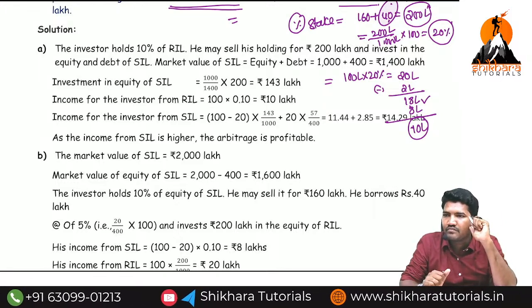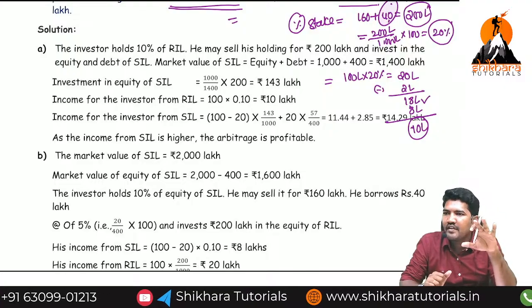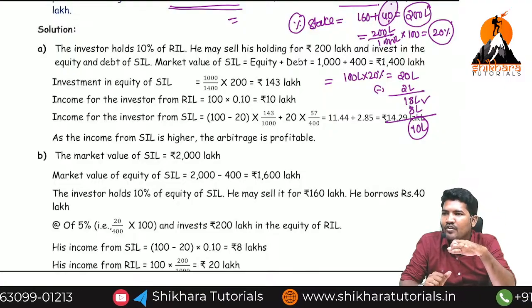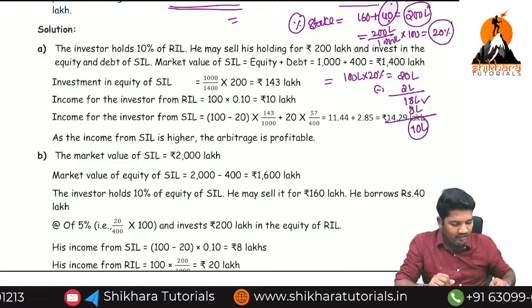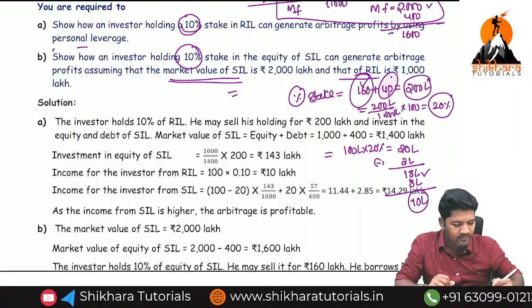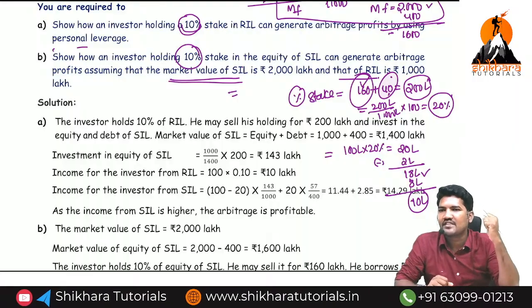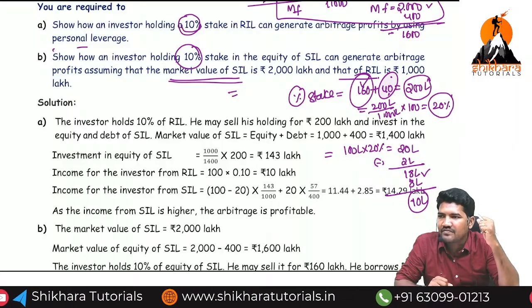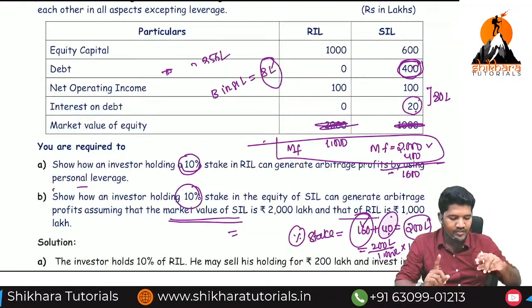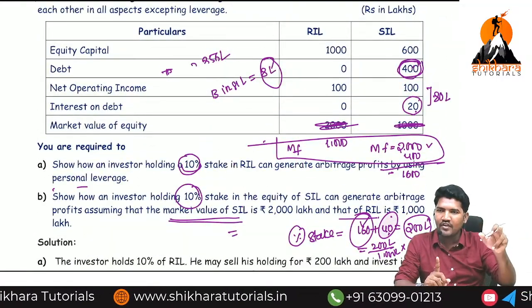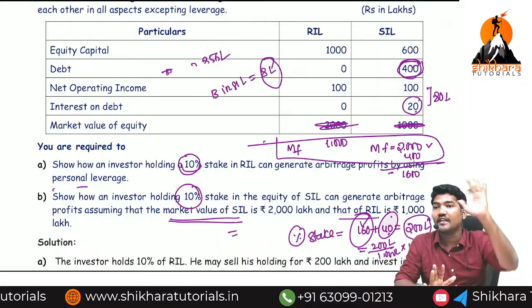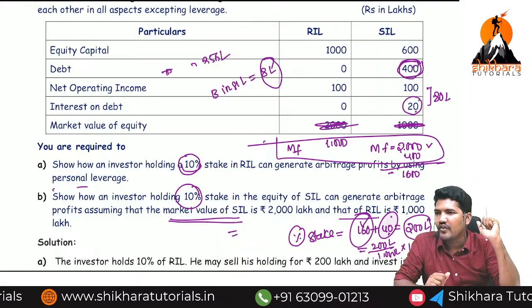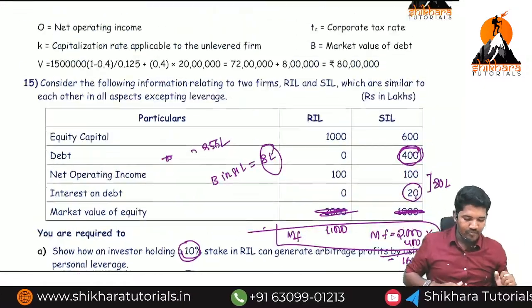For example, if shifting from levered to unlevered and you are not taking any loan from the outside, what about your investment? Only 160 lakhs. Guys, clear? If you are not investing in both equity and debt, you can't get that much benefit. Are you clear? So, a very important problem, sir.